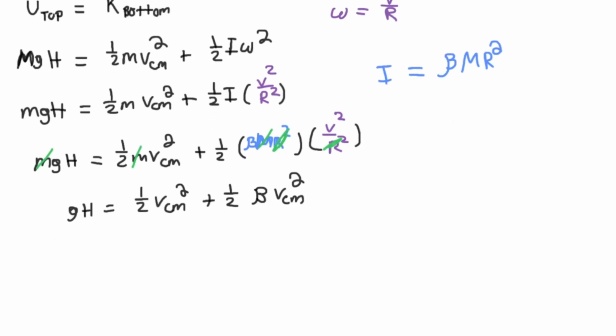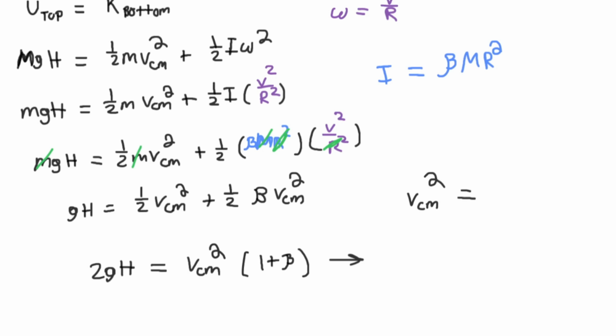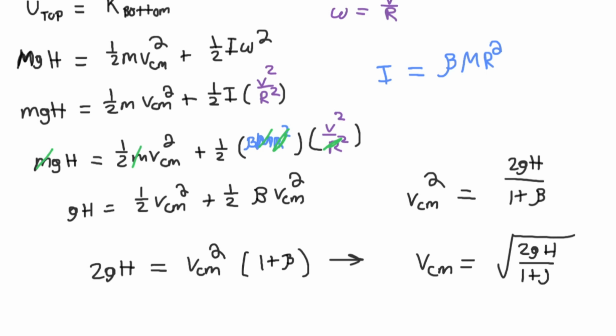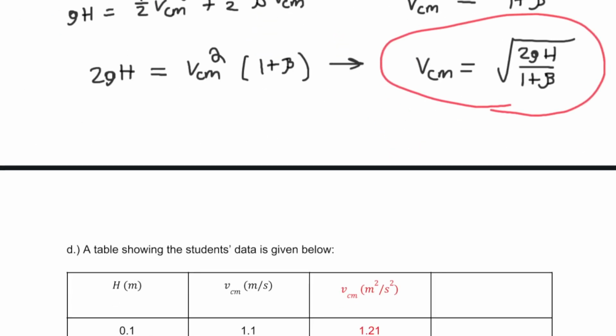So multiplying both sides by 2, we get 2gh is equal to VCM squared times quantity 1 plus beta, which means that VCM squared is equal to 2gh divided by 1 plus beta, which means that the velocity of the center of mass at the bottom is given by the desired expression. So that's how we derive this. And now we're going to analyze it.